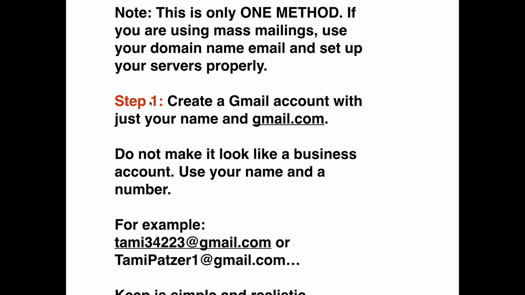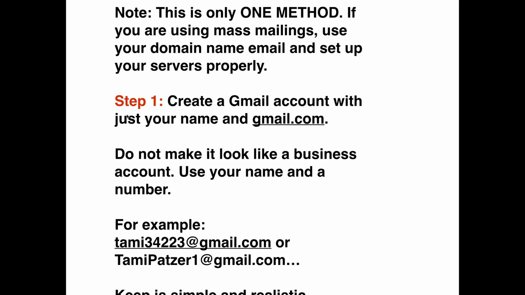So step one is create a Gmail account with just your name and your Gmail. Do not make it look like a business account. So you're going to use your name and a number. For example, I have a Gmail that's TAMI with my zip code, or TAMI Patzer1.